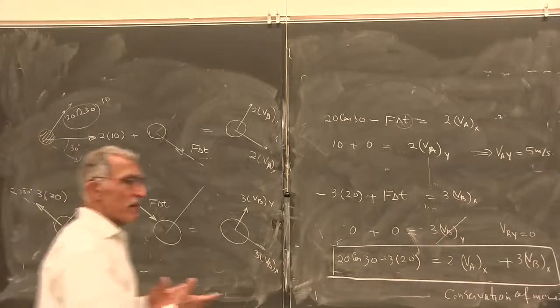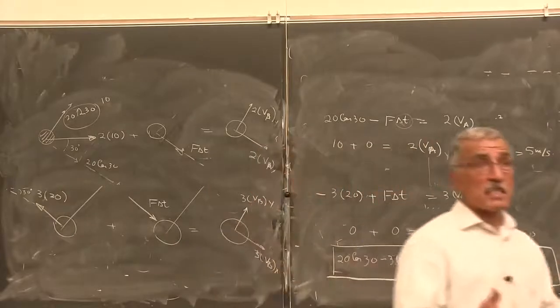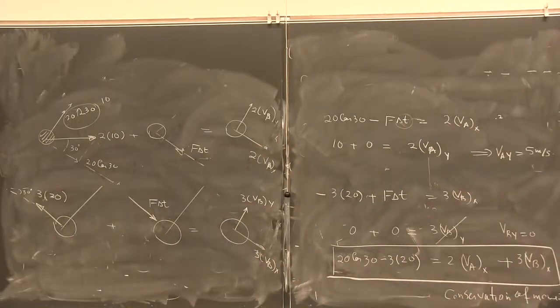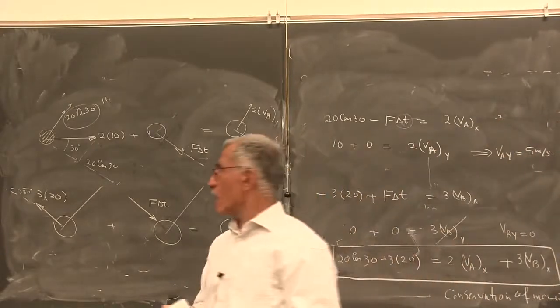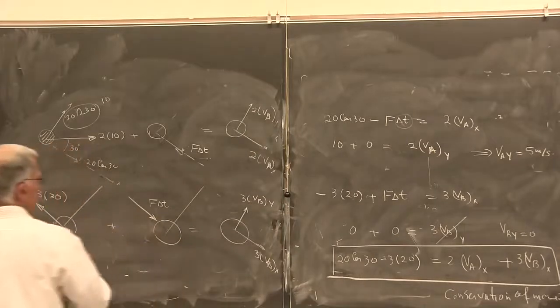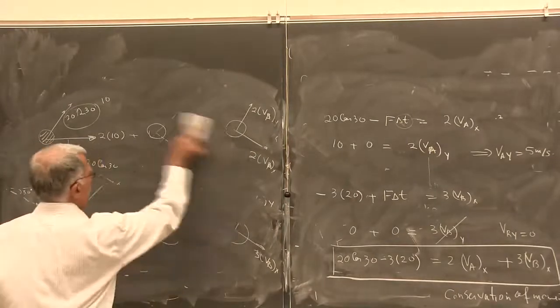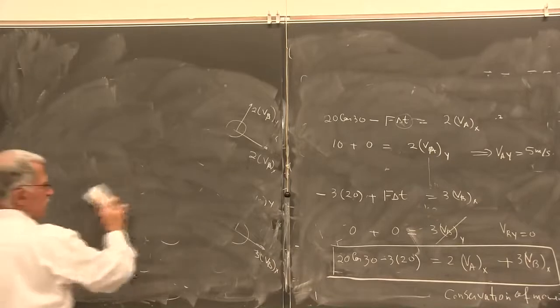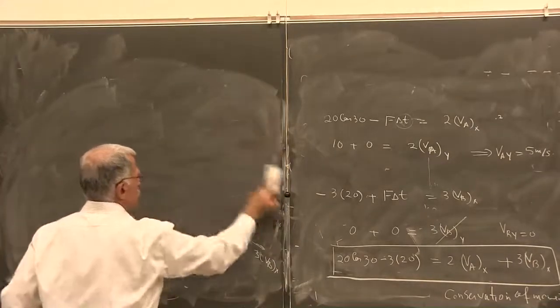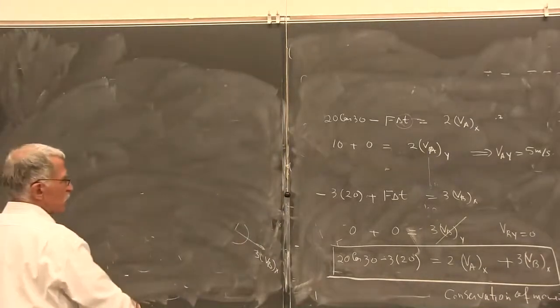You have to say something about the process of the impact, whether these two particles went together, or maybe they hugged each other and then got separated. So that is where we bring in the concept of coefficient of restitution. Somebody has to tell you what the coefficient of restitution is.